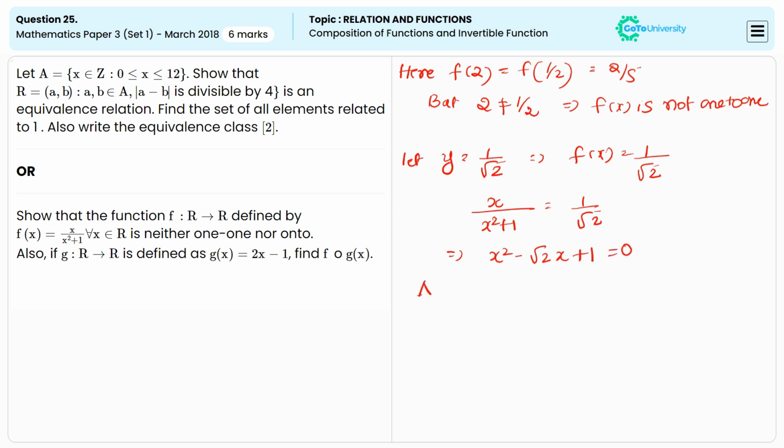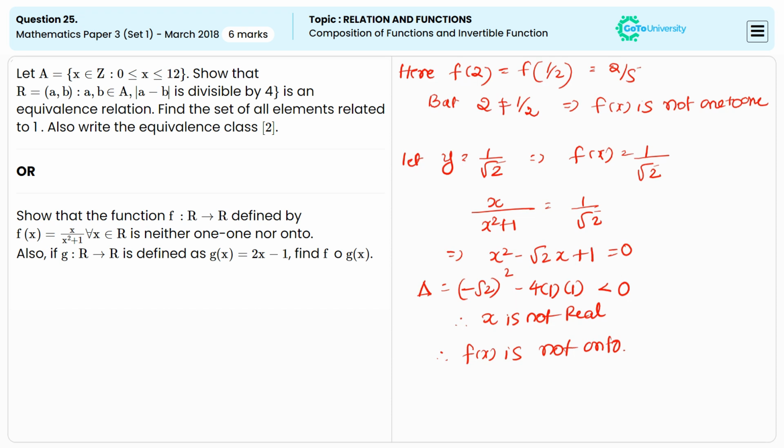And the discriminant of this quadratic equation is minus root 2 whole square minus 4 into 1 into 1, which is less than 0. Therefore, the value of x is not real. Therefore, it says the function f of x is not onto either. So we have proved now it is not 1 to 1 and not onto.